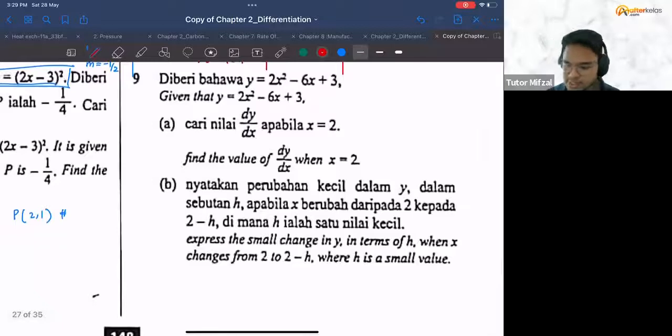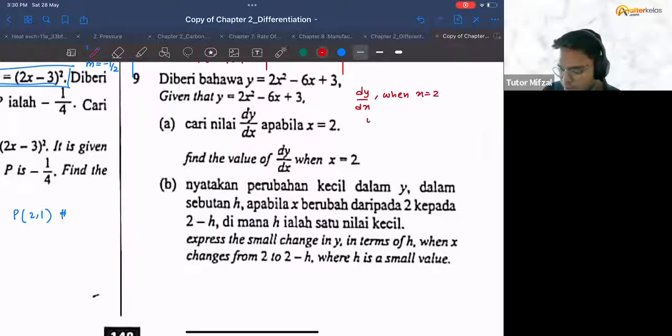Given that y is equivalent to 2x squared minus 6x plus 3, find the value of dy over dx when x is equivalent to 2. Okay, this is a straightforward question. Okay, let's do this together. So dy over dx when x equivalent to 2.